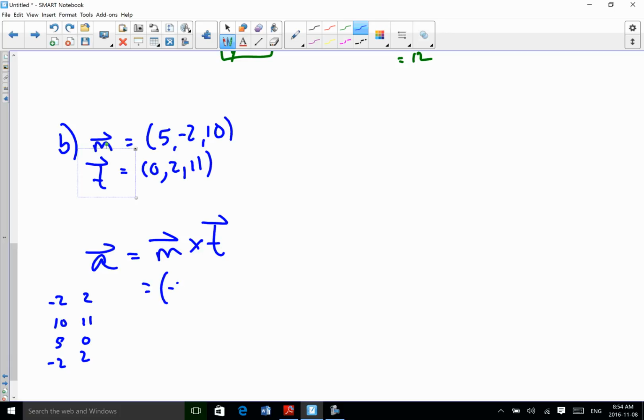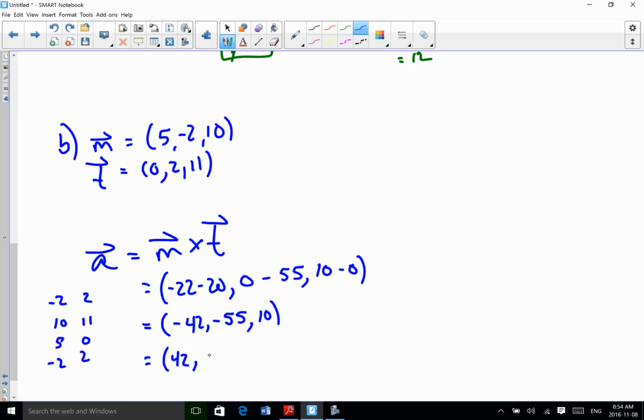We'll get a cross product of -22 minus 20, 0 minus 55, and 10 minus 0. In other words, -42, -55, and 10. Our book often uses the positive version of that. These numbers can't really reduce, right? You can't divide them all by -10 there. You can't reduce them all by dividing by 2. So there's no real simple version of that.